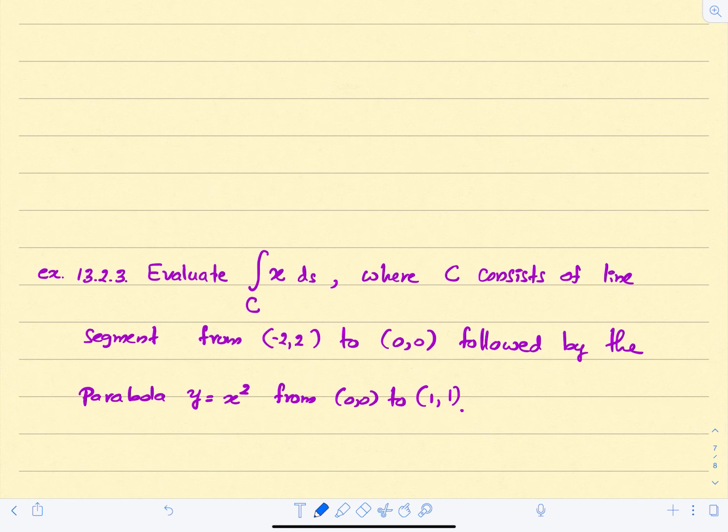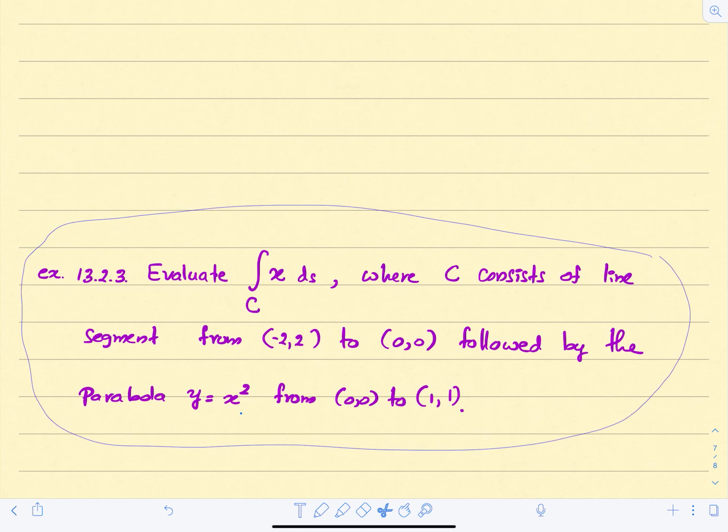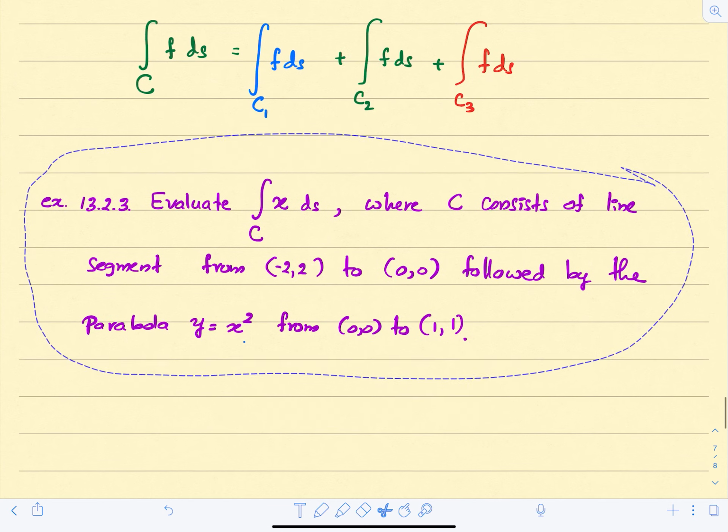We have a line that goes from -2, 2 to 0, 0, and then we have a curve that corresponds to the parabola y equals x squared, and this curve goes from 0, 0 to 1, 1. Okay, now let's do this.